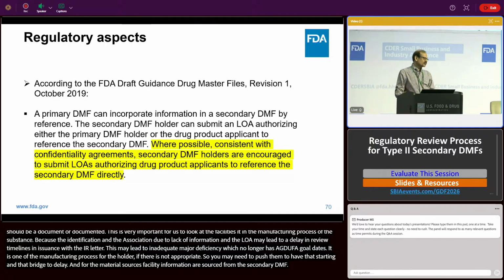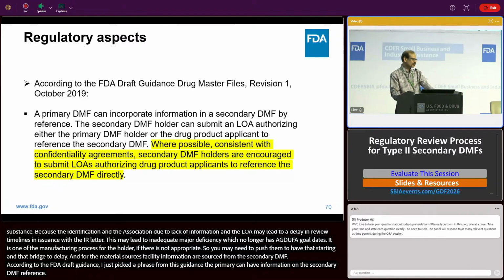According to the FDA draft guidance, Drug Master Files, I just picked a phrase from this guidance. A primary DMF can incorporate information in a secondary DMF by reference. The secondary DMF holder can submit an LOA authorizing either the primary DMF holder or the product applicant to reference the secondary DMF.